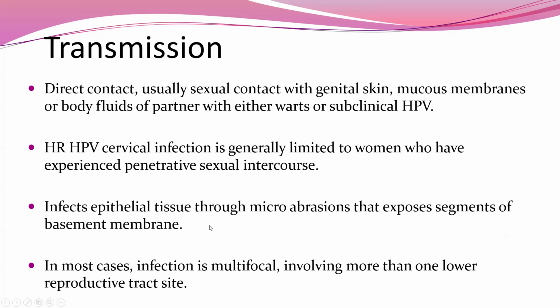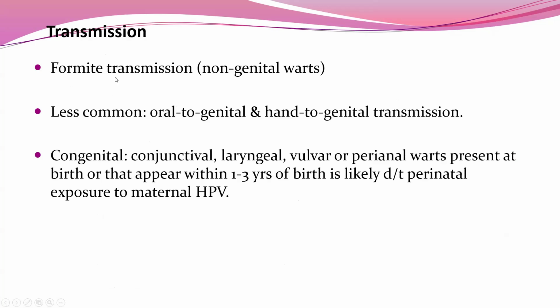It infects epithelial tissue through microabrasions that expose segments of basement membrane. In most cases, infection is multiple, involving more than one lower reproductive tract site. You can see multiple lesions. Transmission of other non-genital warts is through fomites like doorknobs and tables, by touching the area. Less common are oral to genital and hand to genital transmission.